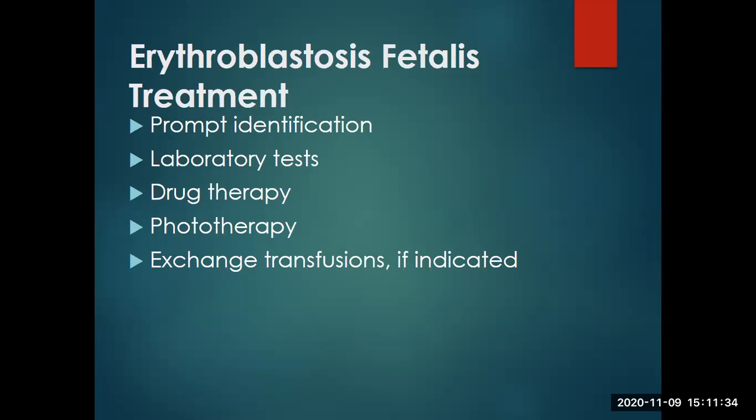And also the nursing and treatment for erythroblastosis fetalis is prompt identification, the laboratory tests, drug therapy, phototherapy, and also exchange transfusion if needed. And it gives you some nursing care plans in regards to infants receiving the phototherapy.